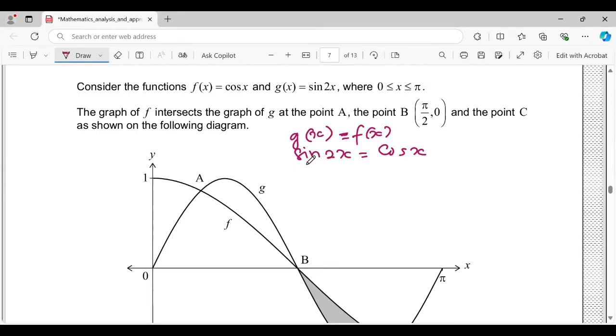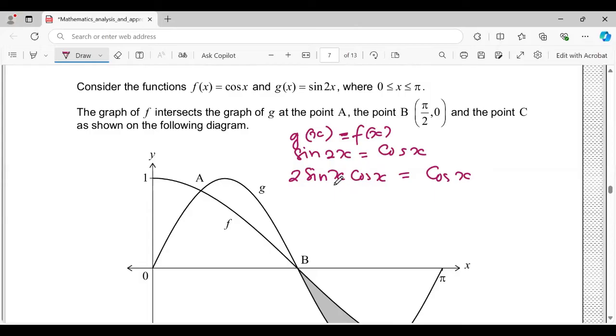Right. So I will change this sine 2x according to the trigonometric identity. It is 2 sine x cosine x equals cosine x.